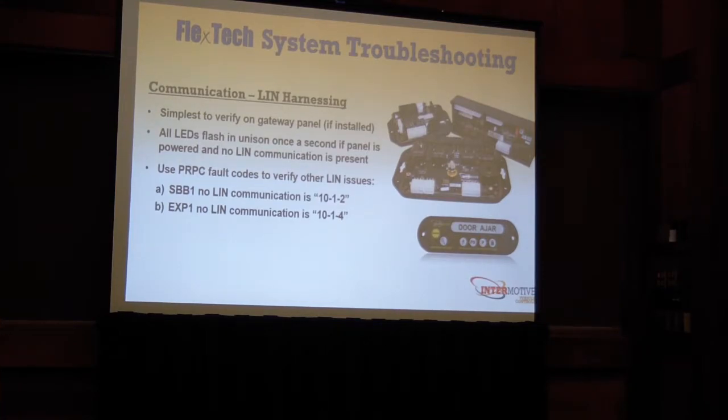You can pull the fault codes like I talked about before. If you look at the PRPC, you can pull codes and determine what kind of issue you're having. Point A there, a 10.1.2. So the fault LED, that red LED, is going to flash 10 times, a brief break, 1 time, brief break, and then 2 times.